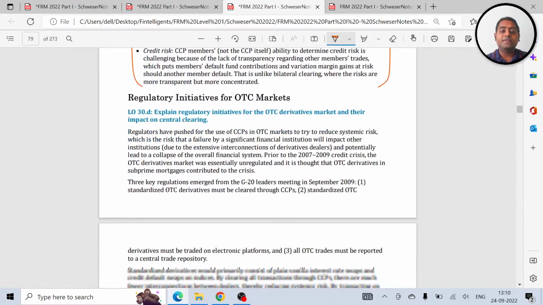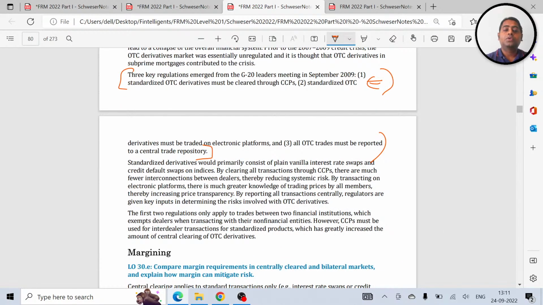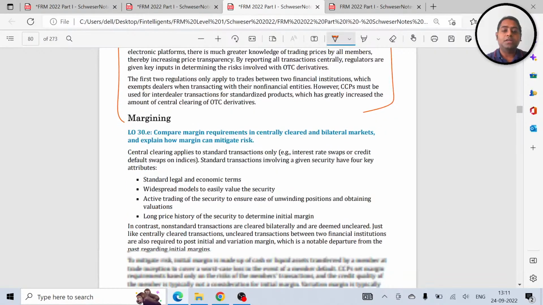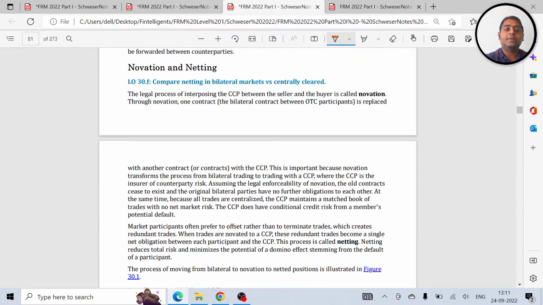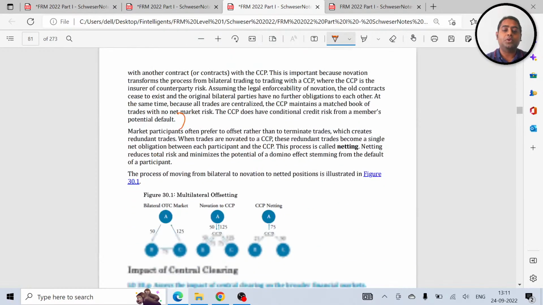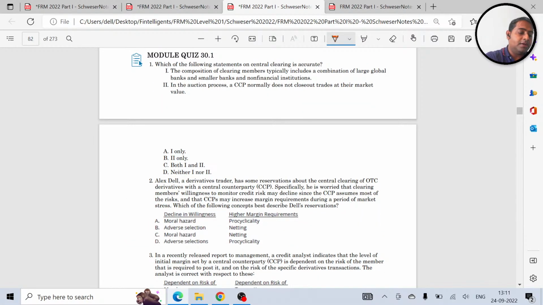Regulatory initiatives: over here, you should know these three initiatives. You can read these factors. Margining is okay. Novation, as a concept you should know for the exam. Impact of central clearing is almost there.